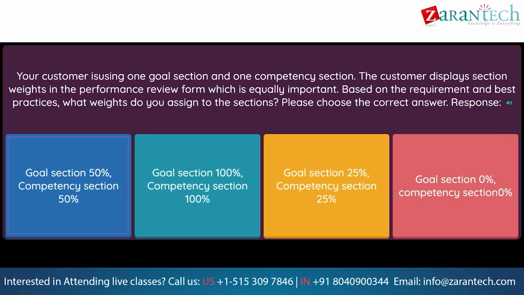Response: Option 1, goal section 50%, competency section 50%. Option 2, goal section 100%, competency section 100%. Option 3, goal section 25%, competency section 25%. Option 4, goal section 0%, competency section 0%.